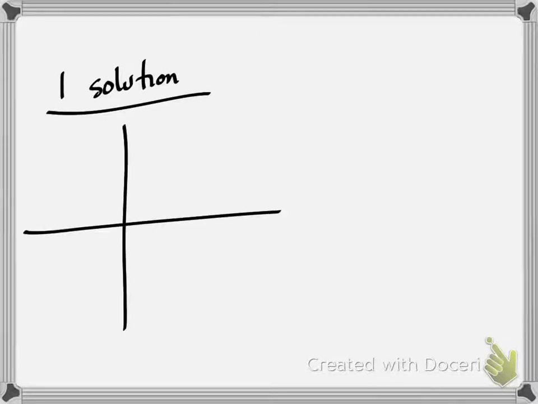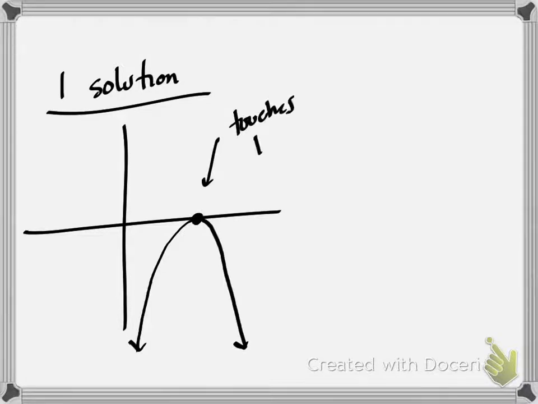And then the last one is, what if we have one solution? Well, that's going to be something like this. The graph comes up like this, hits exactly on the x-axis, and then comes back down. So it only touches one time.